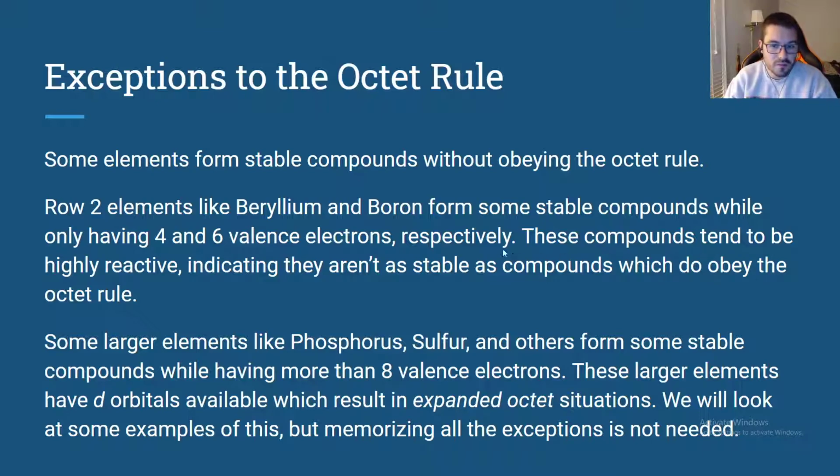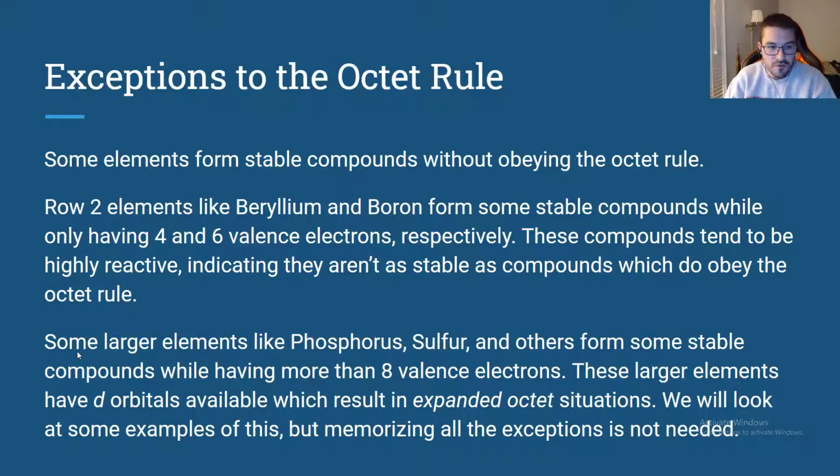Here are some of the exceptions. Row 2 elements like beryllium and boron can form some stable compounds while only having 4 or 6 valence electrons on beryllium and boron, respectively. So they don't follow the octet rule sometimes. These compounds tend to be highly reactive, indicating that they aren't as stable as compounds which do obey the octet rule.